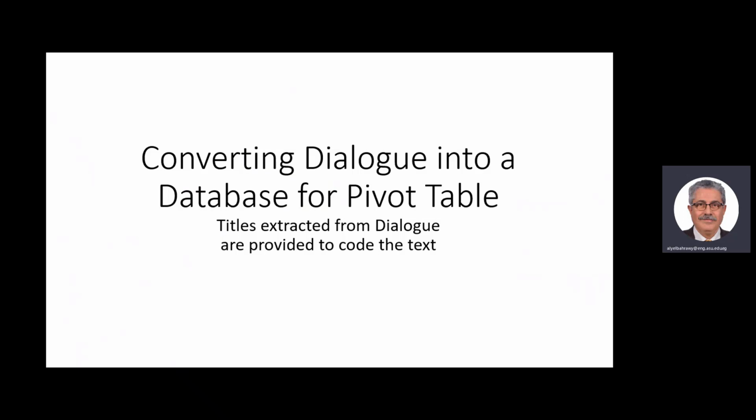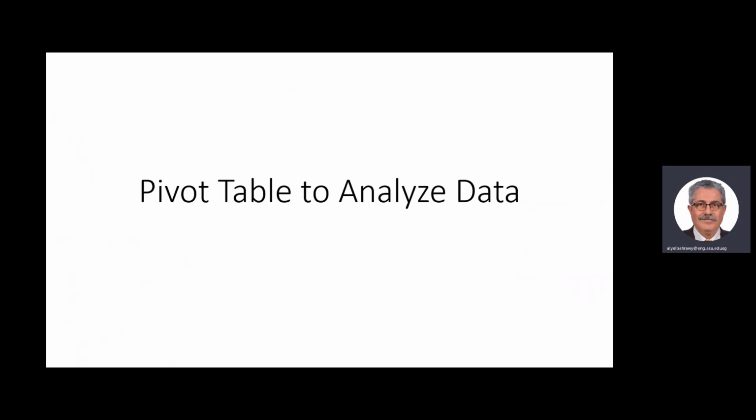The first step is to convert the dialogue into a database to use the pivot table. The pivot table is my spreadsheet tool that I use to analyze the data. Here, I use titles that I extracted from the dialogue to code the text.